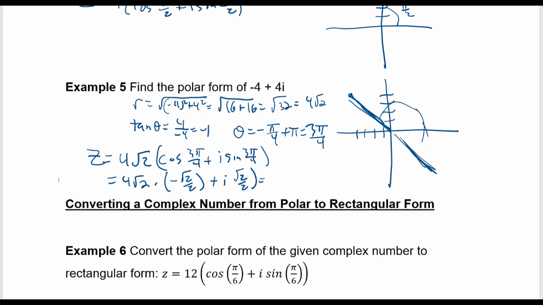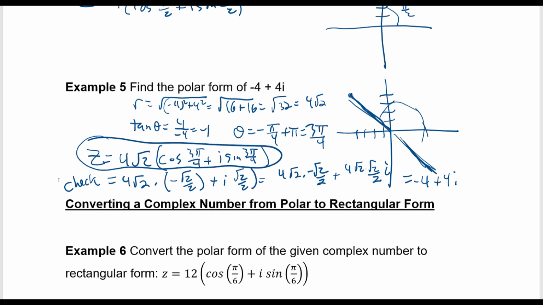So we'd have 4 root 2 times negative square root of 2 over 2 plus 4 root 2 times negative square root of 2 over 2 times i, which would give us our -4 minus 4i. So that's checking it. But this is our answer. Okay, and that's it.